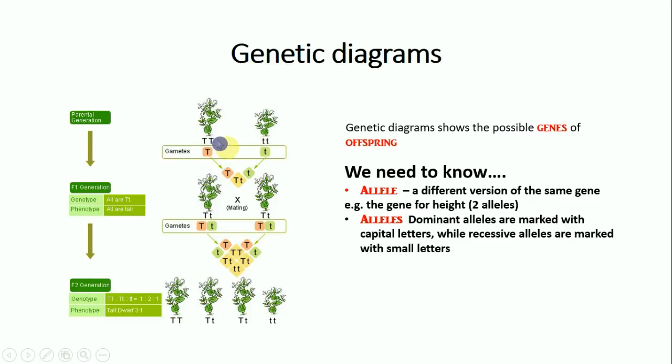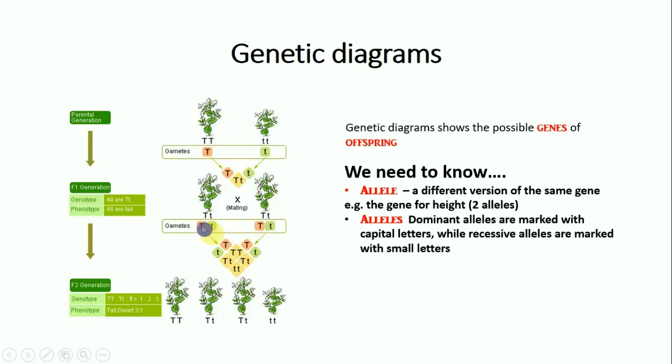In this case, of course, we have two of the same type alleles, so they will have one type of gamete containing the dominant allele. Same as for these plants, but we'll have gametes with a recessive value. When these gametes cross, we'll have plants with this genotype.